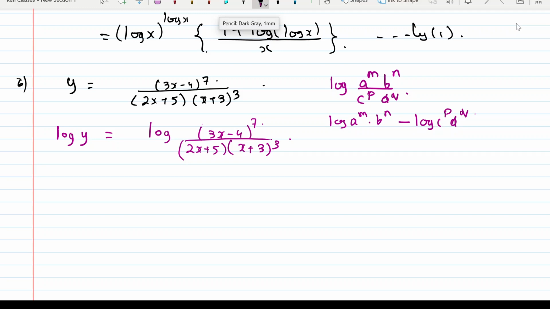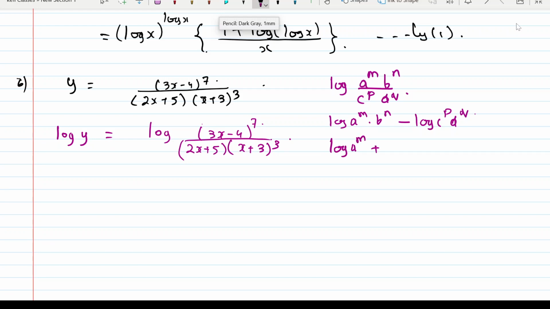So division becomes subtraction, and multiplication becomes addition. In general, remember this.